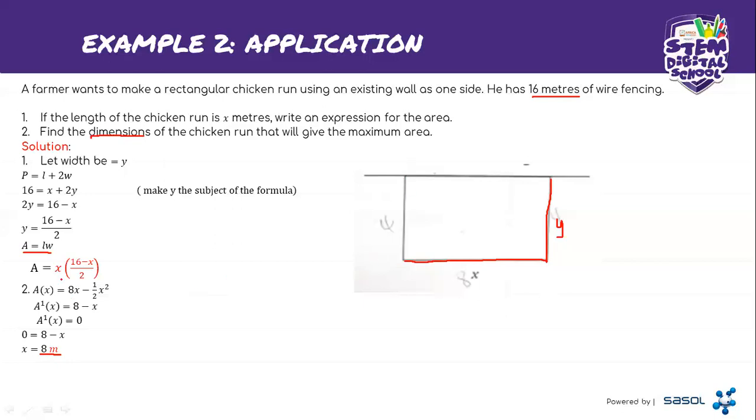Then since we have obtained y as the subject from question 1 there, it says y equals 16 minus x over 2. Then where you see x, you just substitute with this 8, then it's going to give us our width, right? So in this case, you can see it is 4 meter. So we have answered the question.